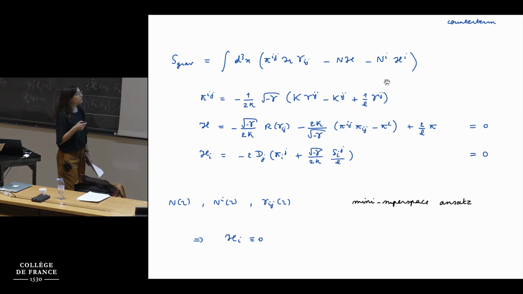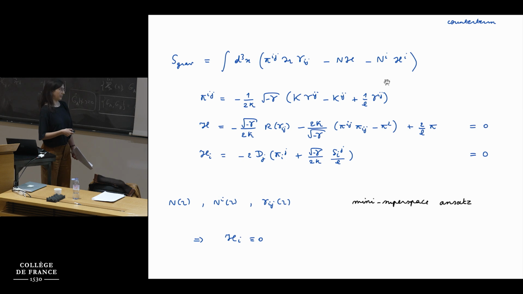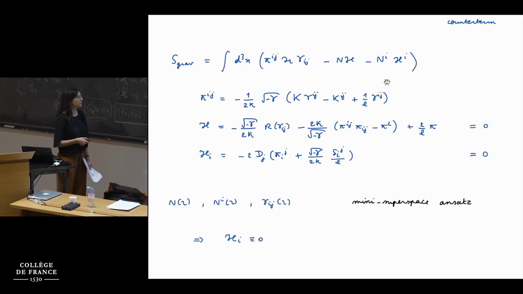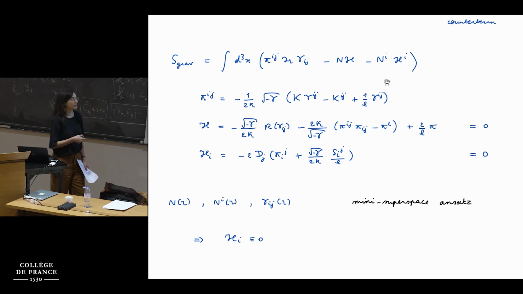And then what you can do is go to a symmetric ansatz for your metric, typically called a minisuperspace ansatz, where all the functions that appear in your metric only depend on r rather than on all the coordinates.